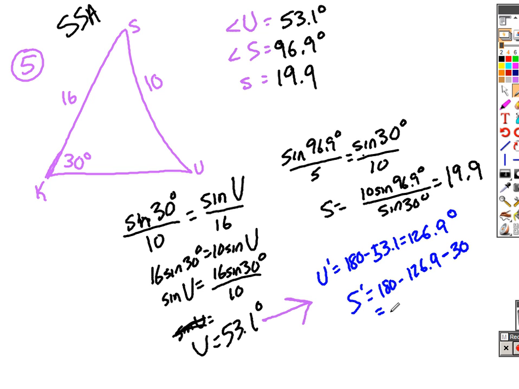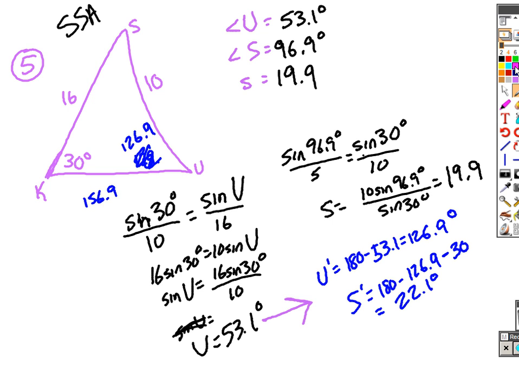And in this case, this is very possible. If it helps, draw what the triangle would be. I would have 126.9 here and 30. This only adds up to 156.9. So it's definitely possible to have a legitimate triangle for this. And the last angle, S, in this case would be 22.1 degrees.